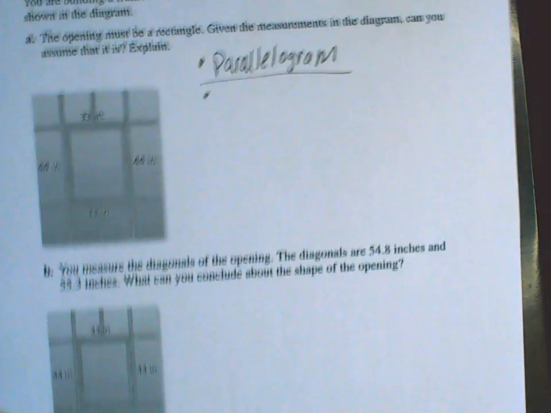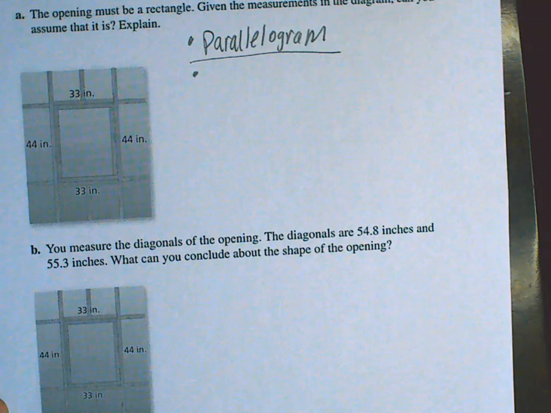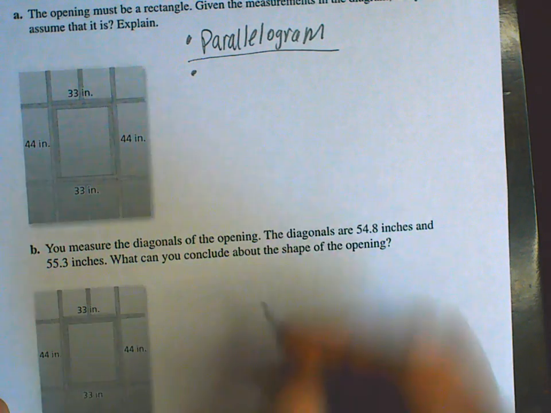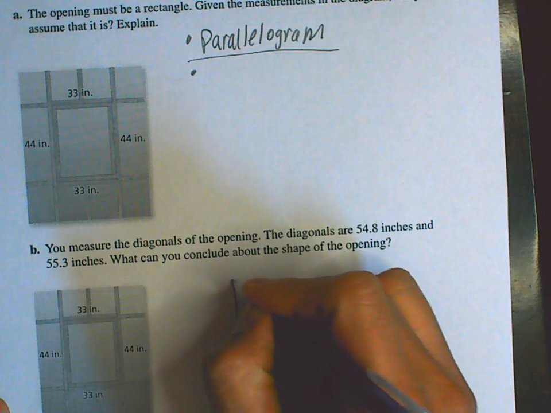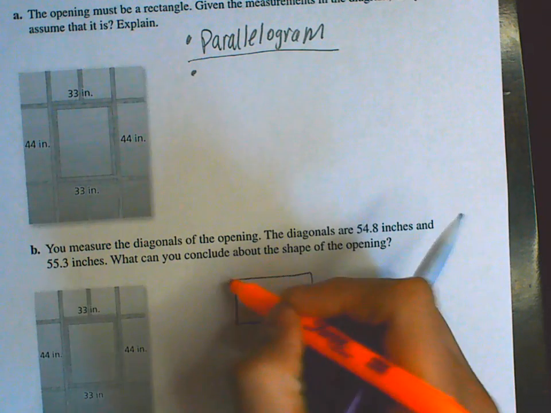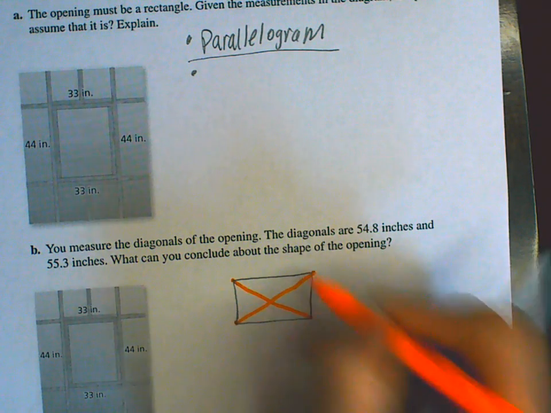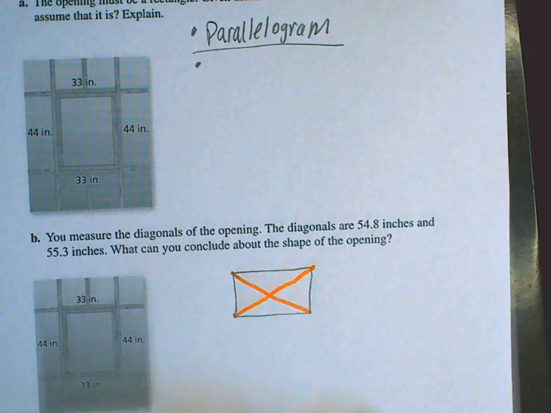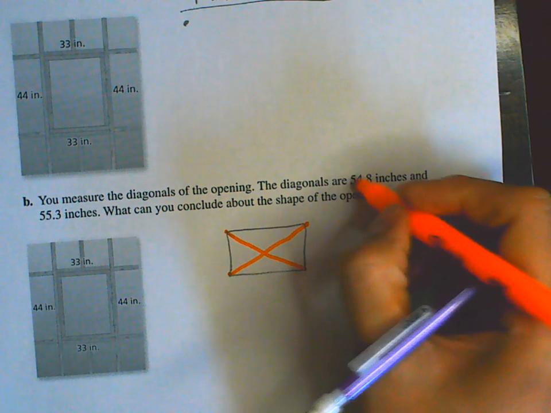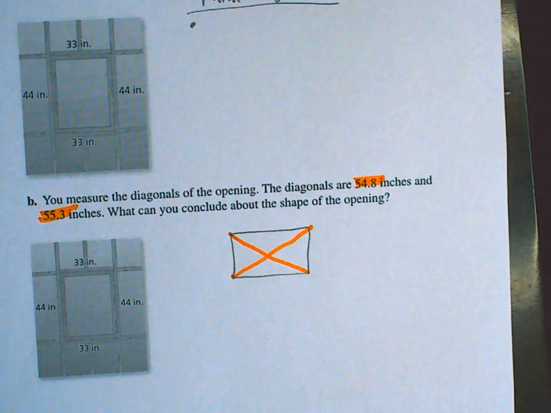Now, in part B, it says you measure the diagonals of the opening, and the diagonals are 54.8 and 55.3. What can you conclude about the shape of the opening? Remember that in order for a parallelogram to be considered a rectangle, the diagonals have to be congruent. Here, the diagonals 54.8 and 55.3 are not the same.